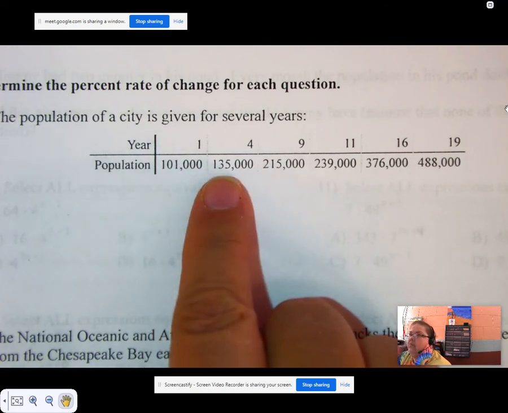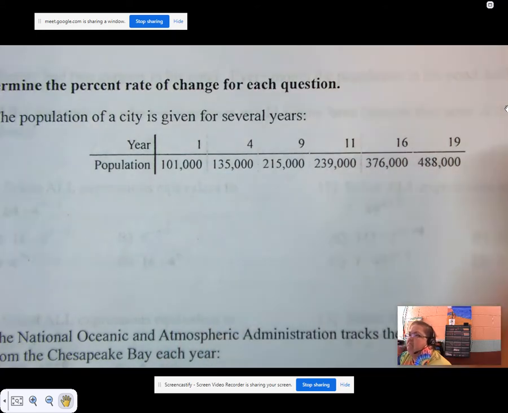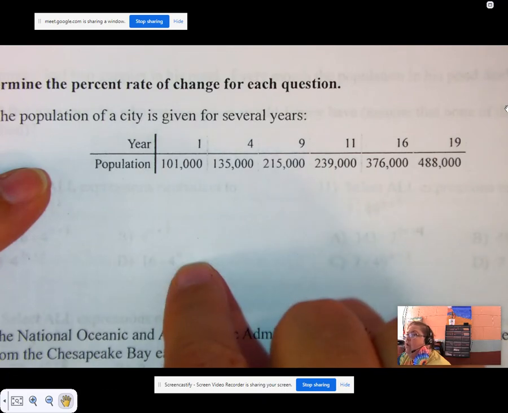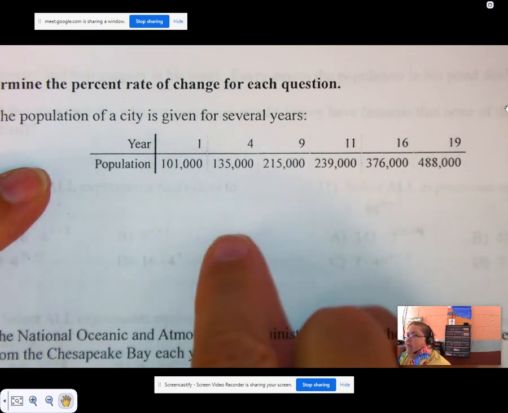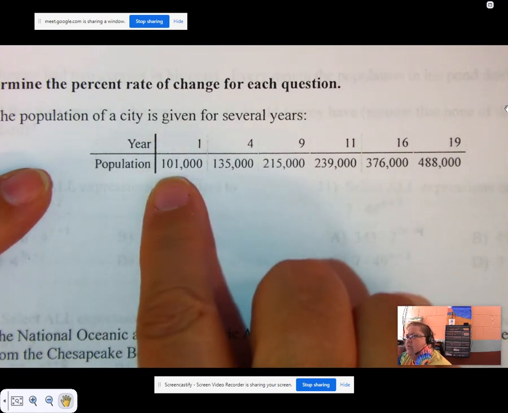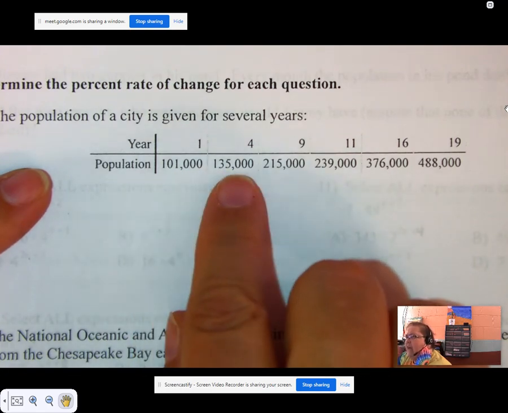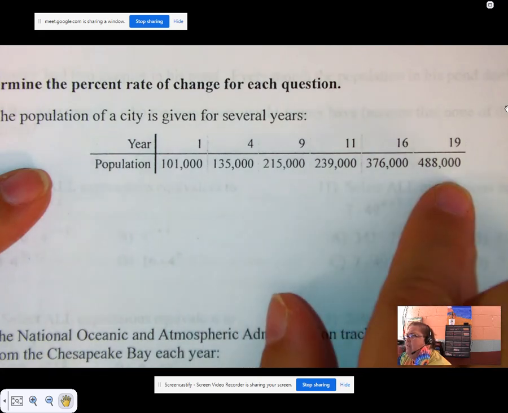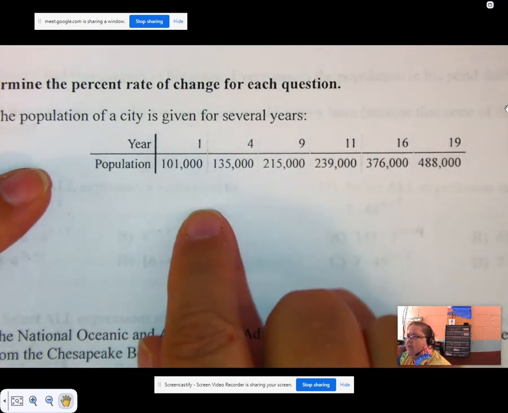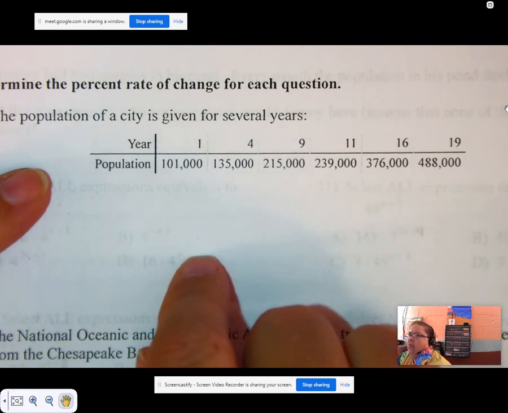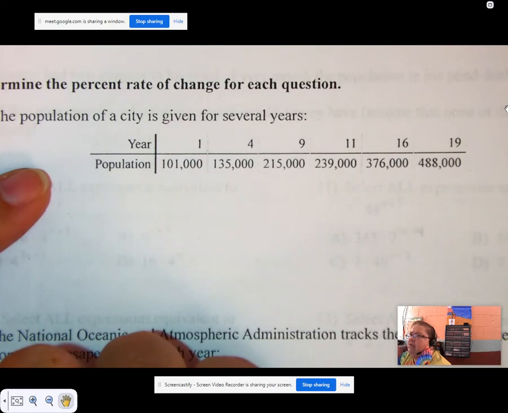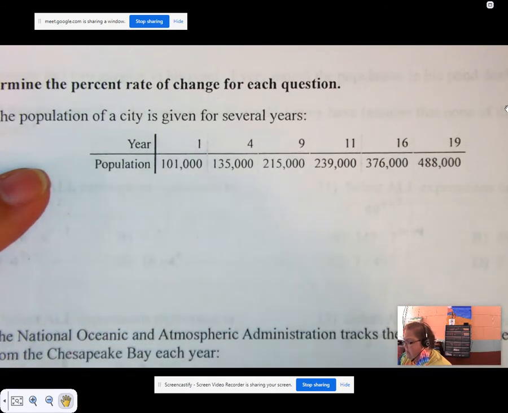Because it's going up, it's a growth. And remember, you always start with 100% of your population. But if I subtracted those, would I add the same thing every single time and get the next number? That's what you determine. Do I have a common difference or do I have a common ratio? Especially if they're going to ask for a percent, you're going to have a common ratio. So that is something to consider.